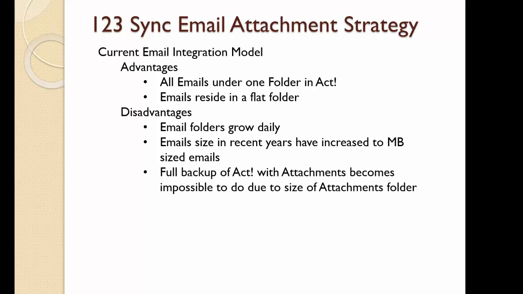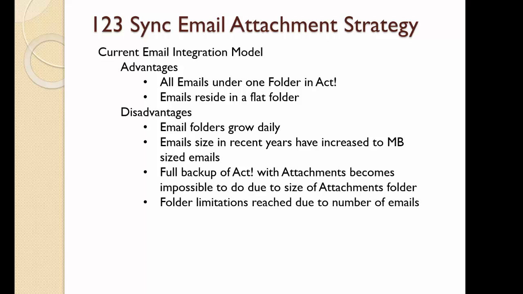If you do a full backup of ACT, and you include the attachments, the backup most likely will fail. Because if you've been using ACT for about a year, you'll probably have anywhere between 12 to 20 terabytes of data that are going to go into a single file. And sooner or later, to restore that, you will have problems.